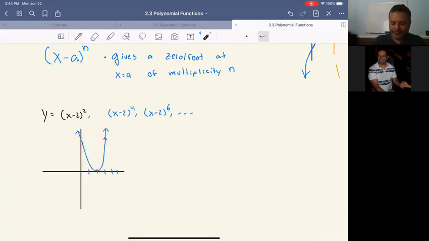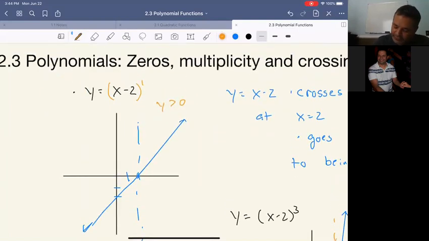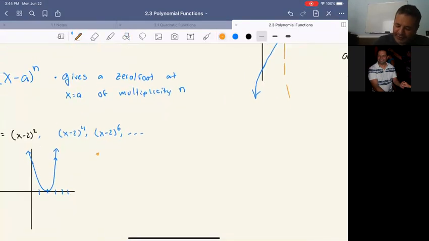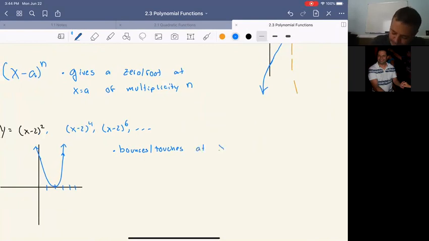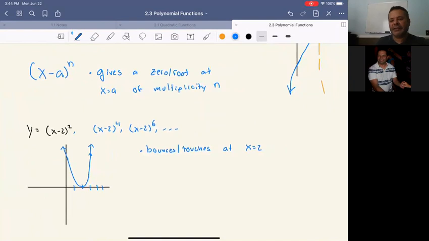So here we have, let's see, it bounces at x equals 2, or just touches, we might say. I like bounces, but I think touches is the term that they use. And it stays positive, so it's positive on both sides of x equals 2.